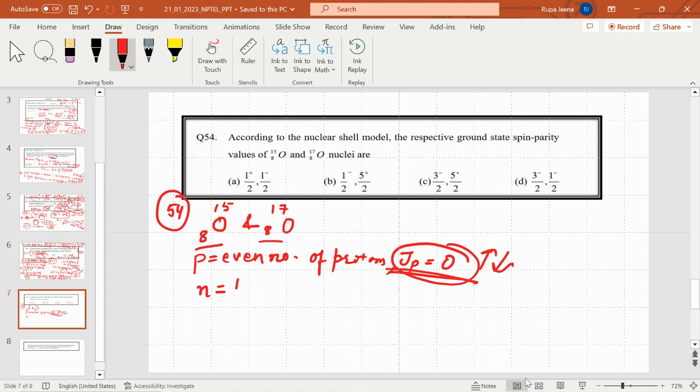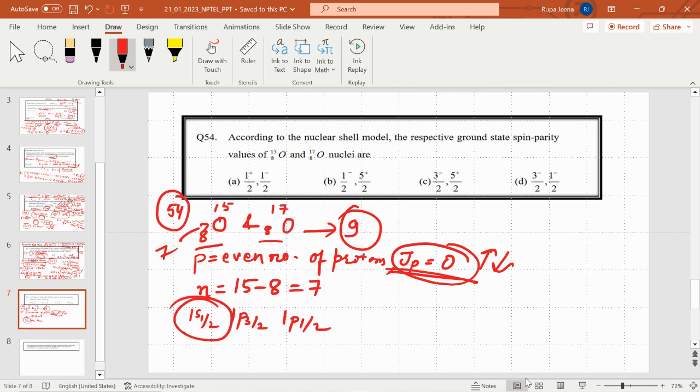Now find out N. N will be 15 minus 8, which is 7. For this case, N is 7, and for this case, it is 9. So start filling up the shell model: 1s 1 by 2, 1p 3 by 2, 1p 1 by 2. How many neutrons will this accommodate? 2 into 1 by 2 plus 1. And how do you know how many neutrons it will accommodate?